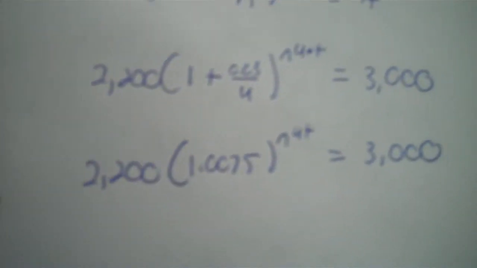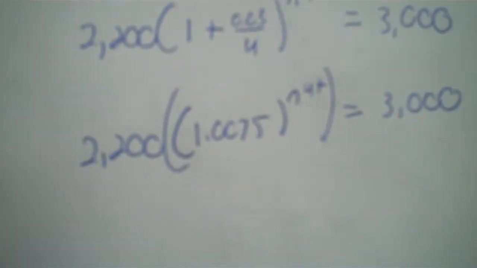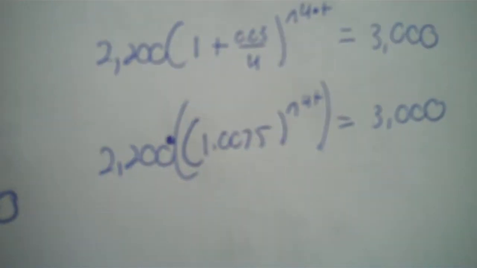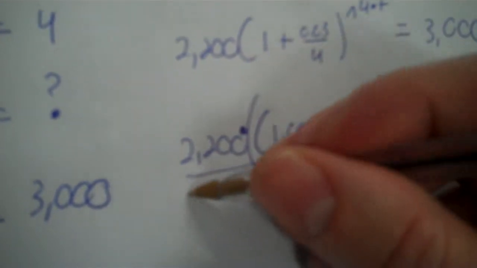Okay, you're solving for t, and t is a power. You are solving for a power. You want to parenthesize the power along with the base. Even if you already have a parentheses, that's fine. And you are going to have to do the COB. But before you do that, you got an operation of this times 2200. You have to divide by 2200 before you apply the COB. So divide by 2,200.